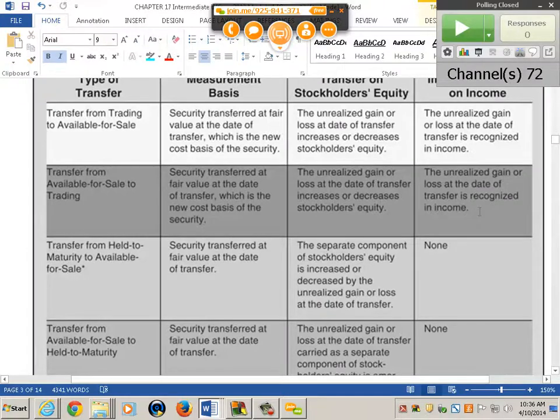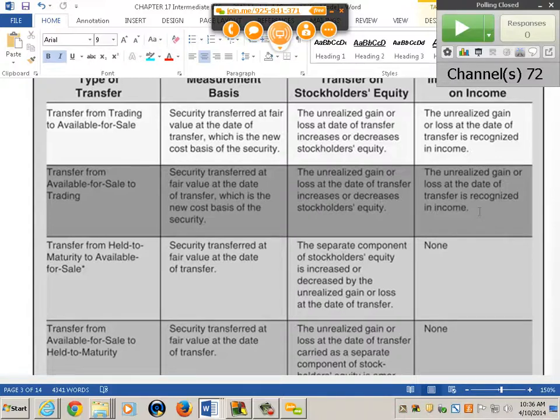Now, the first two are transfers to or from trading. The first line is a transfer to the trading portfolio. So what happens? On the day that you make the transfer, you mark the security to market. The gain or loss, if you look at the last column, goes into net income.